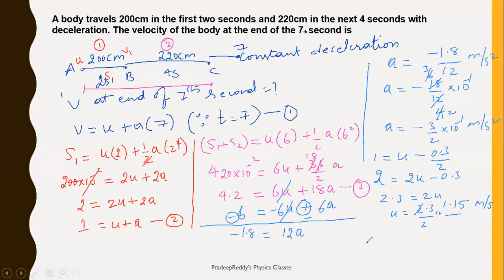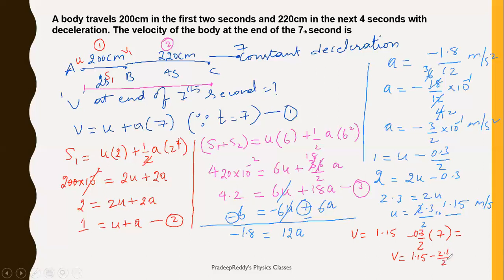So final velocity you can write as v is equal to u, which is 1.15, plus acceleration, as it is negative, I am writing it as minus of 0.3 into 7. This gives you the final expression, that is the equation for velocity. Now 7 3s are 21, it is 2.1 divided by 2. It is v equal to 1.15 minus 2.1 divided by 2.